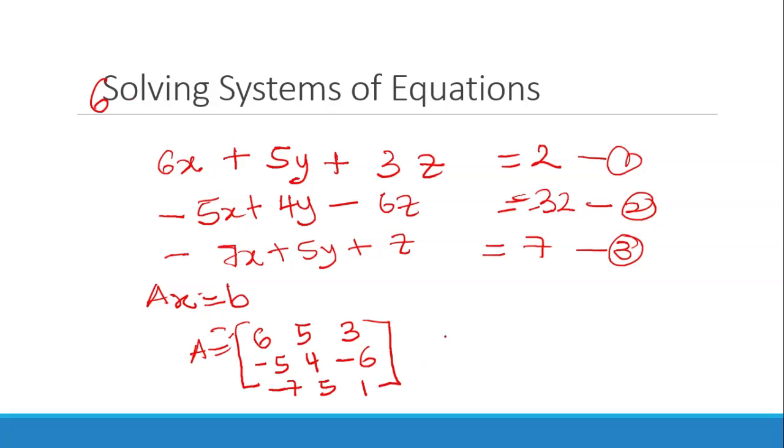Then my small b is equal to the resultants. So I have 2, minus 32, and 7.